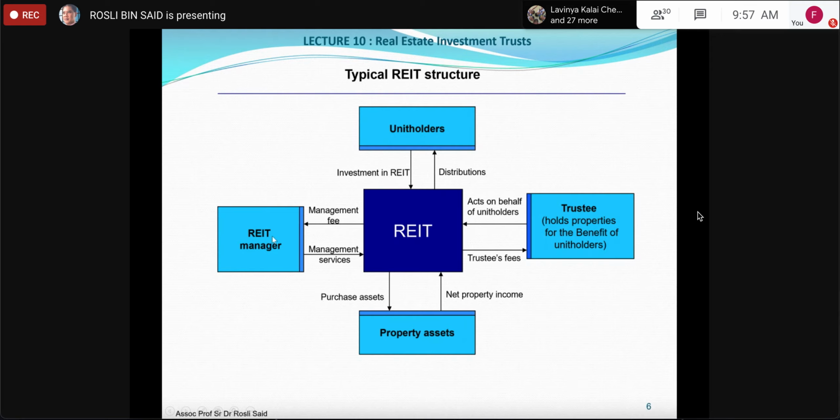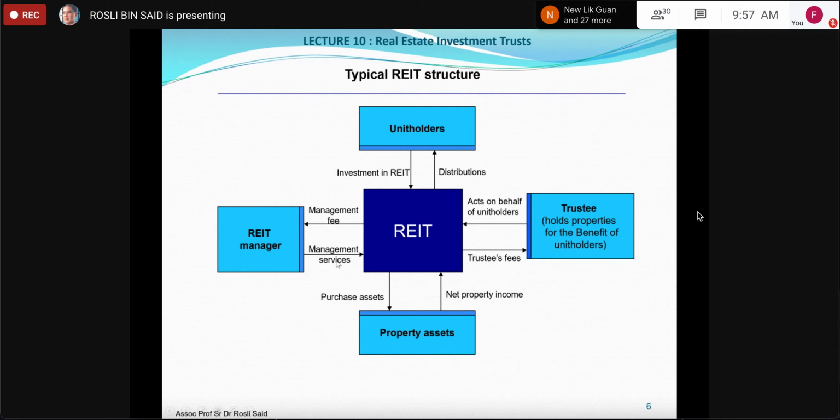And then if we look at the REIT manager, the real estate investment trust manager will look after all the services for the REITs company, in terms of the real estate investment trust and the units that they produce.